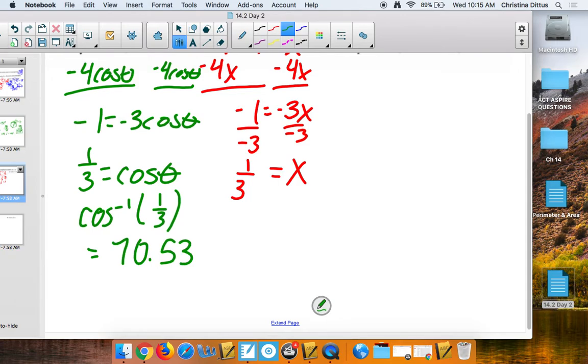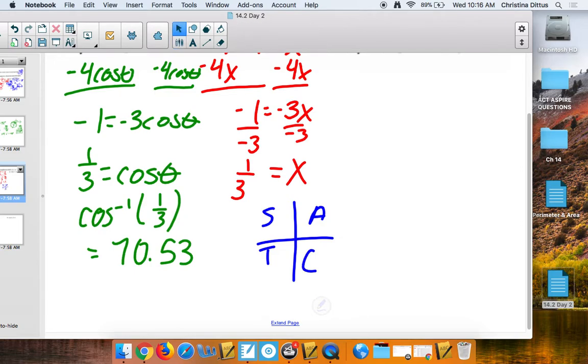Everybody good through there? I'm going to draw that All Students Take Calc thing again. Where is 70.53? What quadrant? Quadrant 1. Is my cosine positive in quadrant 1?